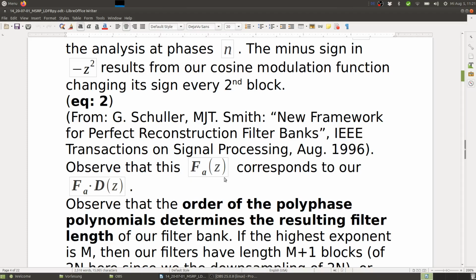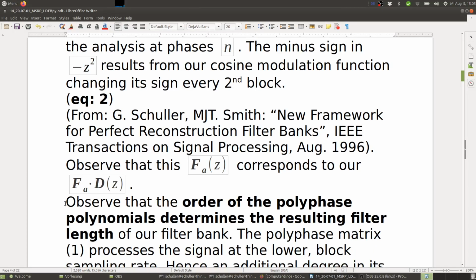Observe that this Fa corresponds to Fa times D of Z. So if there's just Fa without a Z, then it's just the coefficients, and Fa with the argument Z means we have this multiplication Fa times the delay matrix of Z. So both mean the same, it's just that this Fa of Z is a shorter notation.